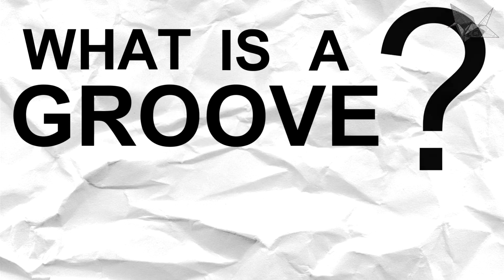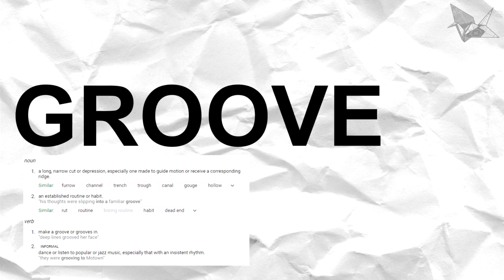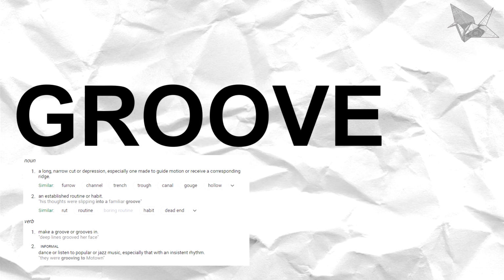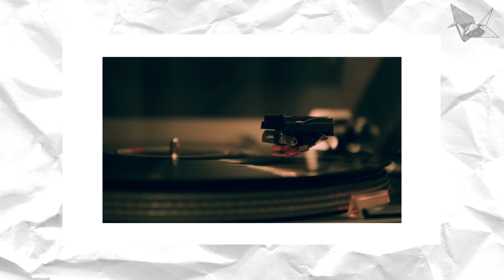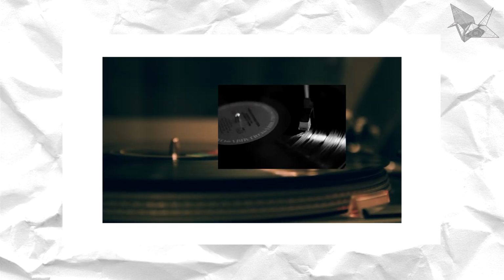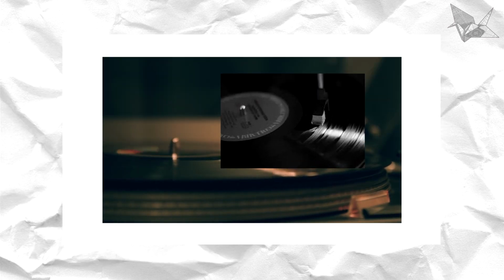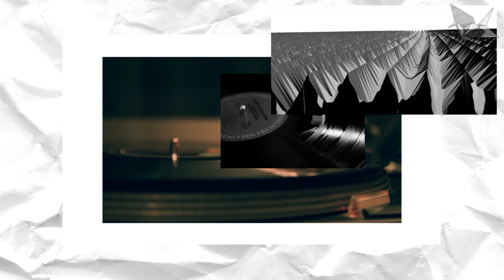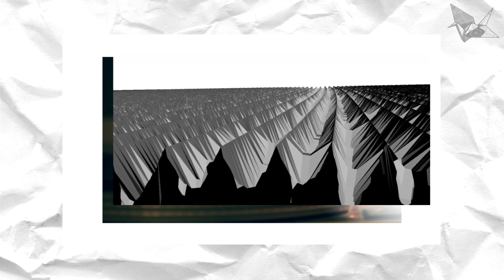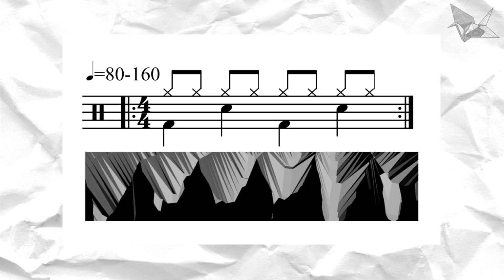What is a groove? A groove is an indentation, a narrow cut or depression, just like the ones you see on a record. You know, the thing that plays music when the stylus of a record player traces the grooves on a vinyl record. In music, a groove is often described as the effect of having a combination of consistent variations in a song.